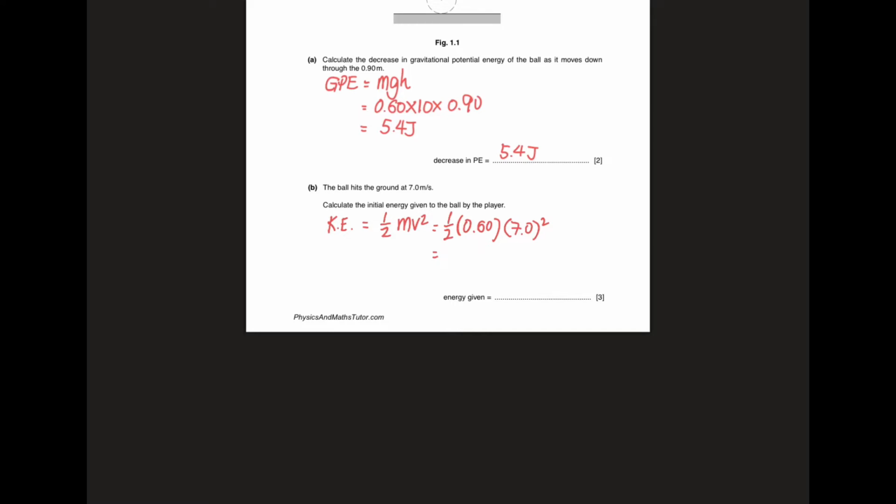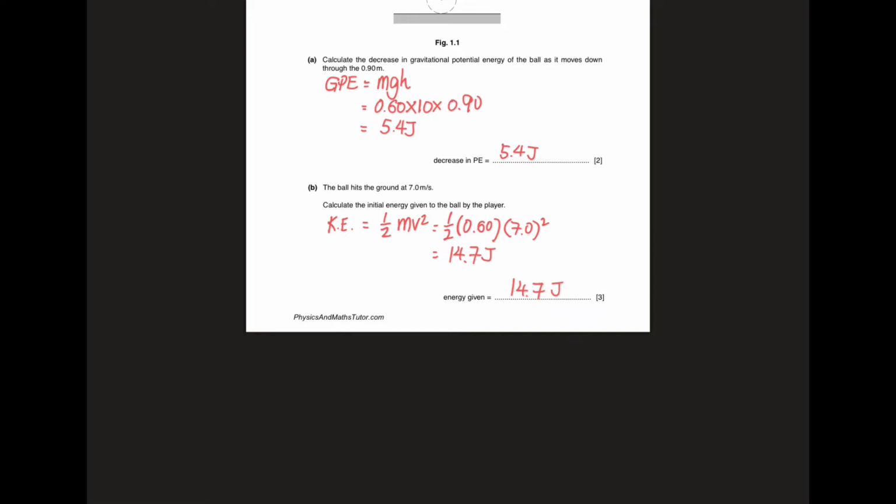Okay, so we get 14.7 joule. So I have to put the unit, 14.7 joule. This kinetic energy is given to the ball by the player.